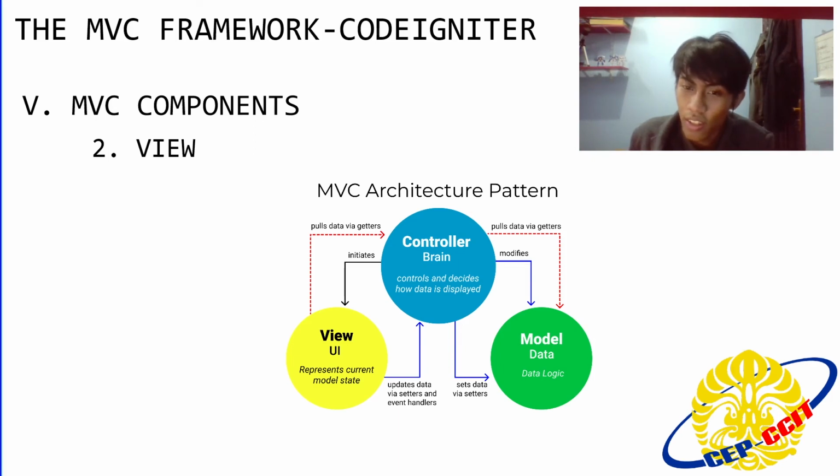Normally it is a web page, but in CodeIgniter, a view can also be a page fragment like a header or footer. This helps display data and the interface that the user can control.